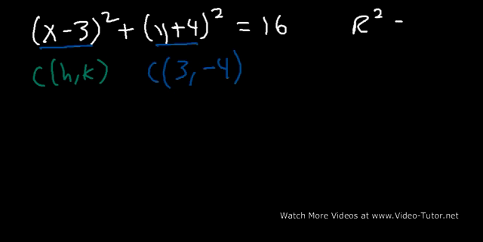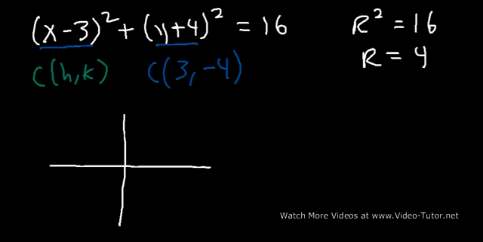And since r squared is equal to 16, the radius of the circle is 4. And then we just have to graph it. So we need to go 3 units to the right and down 4 units. So here's the center. It's at 3, negative 4.